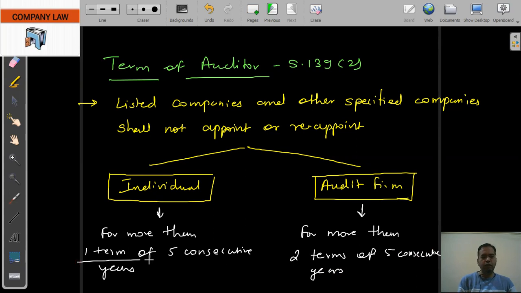So you need to just refer to one term for an individual, and here 2 terms are given for the audit firms.